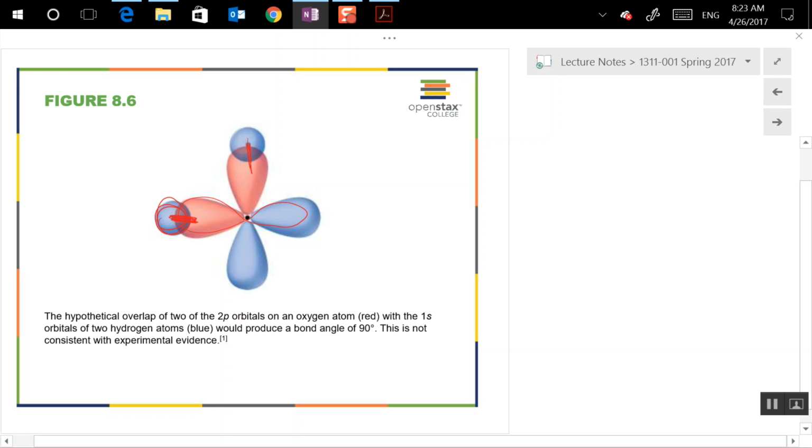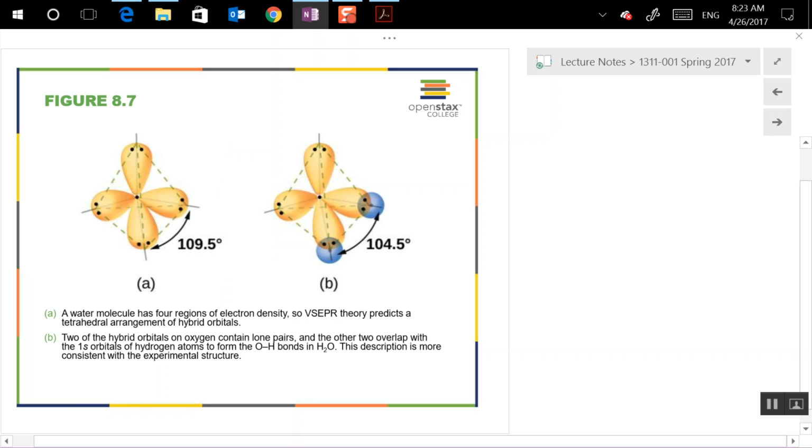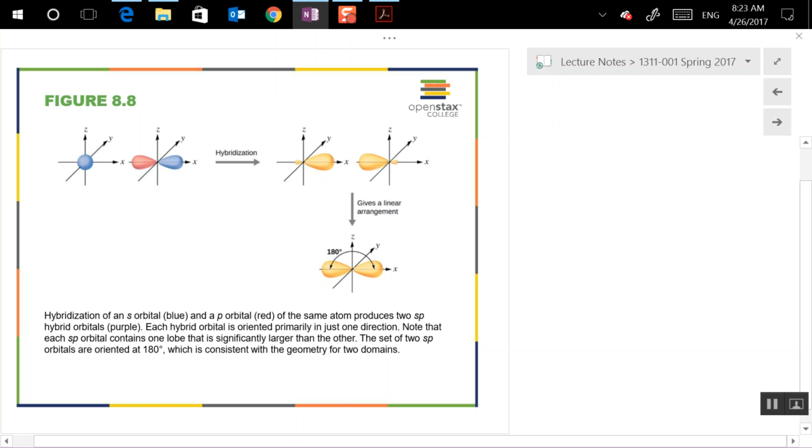Yes, this is water: the 2p orbitals of oxygen with the 1s orbitals of the two hydrogens, making those sigma bonds. And that's where those geometries come into play. So that's how we would identify those.